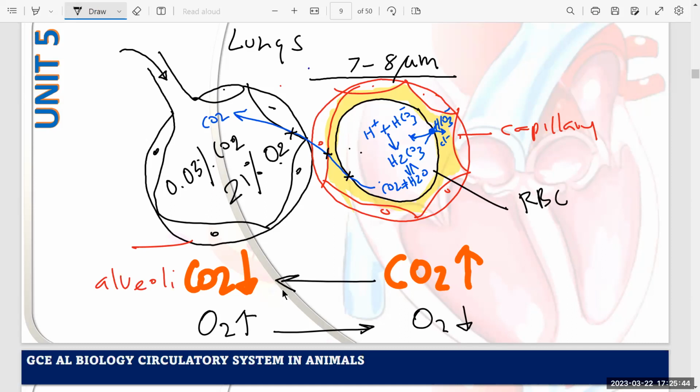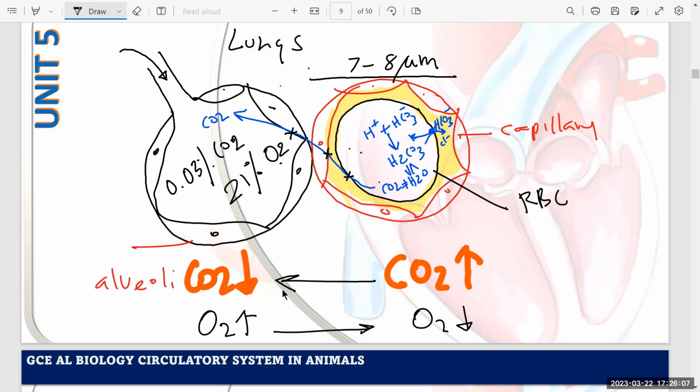We have learned this: one hemoglobin molecule can bind with 4 oxygen molecules to form oxyhemoglobin. Right, this is the method of carbon dioxide transport in the body.